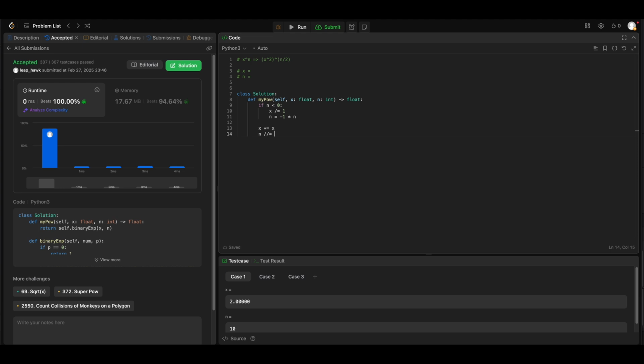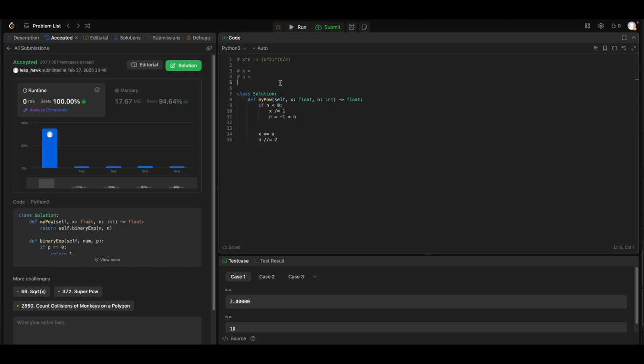So we say n by 2, and it's divided. But remember, we also need to find the power of this result. For that, we can implement it this way: unless my number is reaching 0, we can continue doing the same thing.